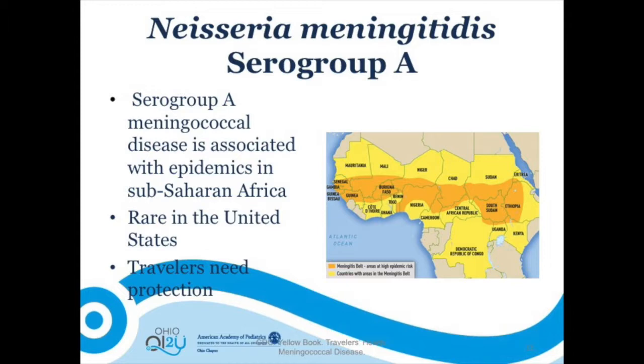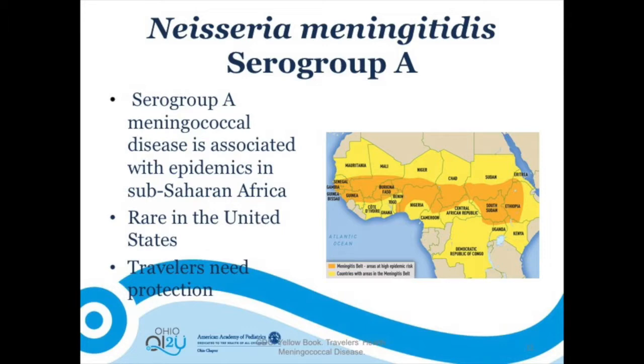This slide is examining Neisseria meningitidis, serogroup A. It's associated with epidemics in sub-Saharan Africa. So the yellow shows the countries in the meningitis belt, and the more gold color is those that had the highest epidemic risk.